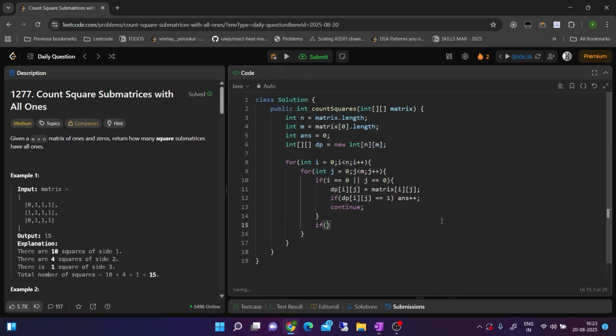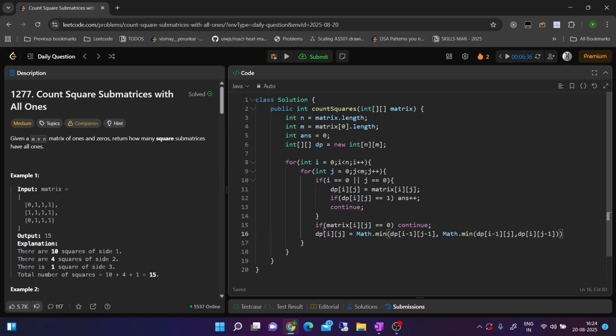Now let's handle the case where this matrix value is 0. So let's say at i and j it is 0, so we can just continue from here because this cannot be a valid corner of a particular square. Then we can fill our dp array based on the minimum value of dp of i minus 1 and j minus 1, which is the diagonal part. Then we will take the minimum with the left cell, which is dp of i minus 1 and j, and dp of i and j minus 1, which is the top cell.